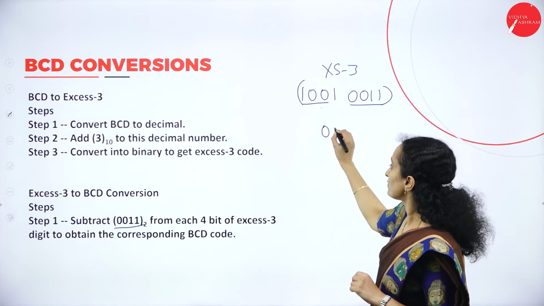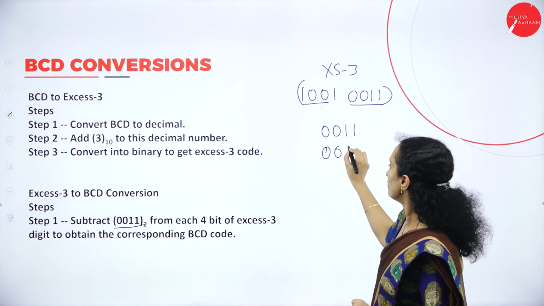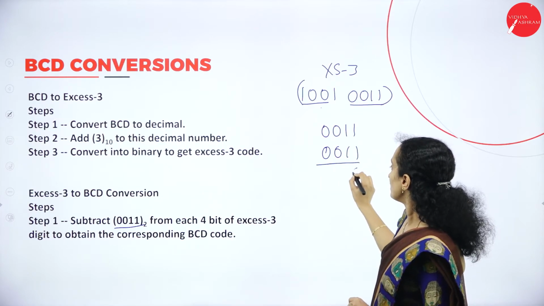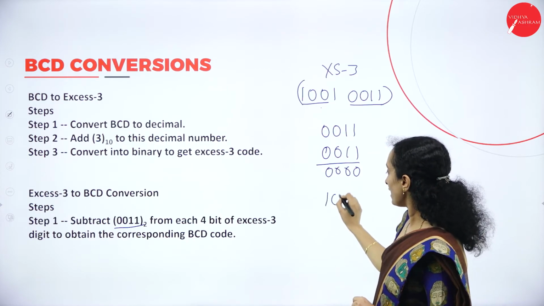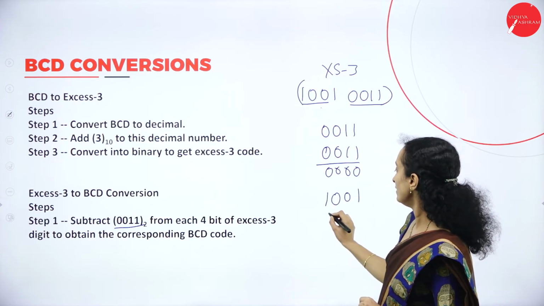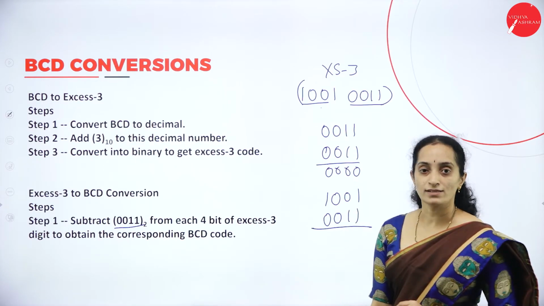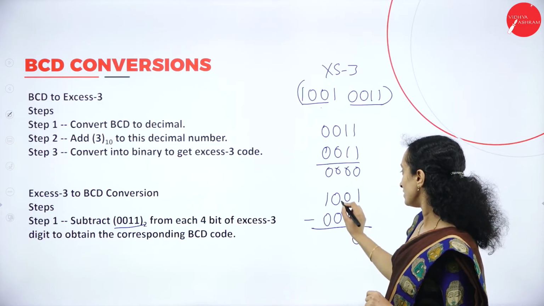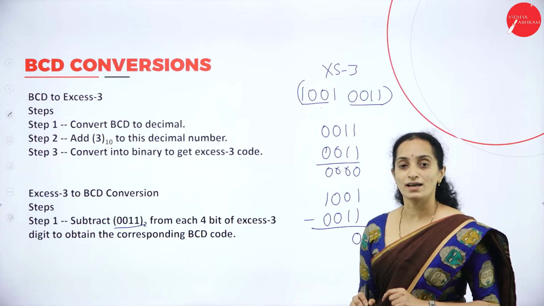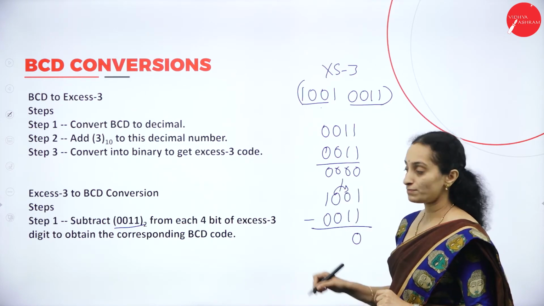Okay, now we have to subtract 0 0 1 1 from 0 0 1 1. Okay, this is all zeros. Now subtract 0 0 1 1 from 1 0 0 1. Subtraction will be 1 minus 1, 0. We have 0 here. What we have to do? Take a borrow 1 from this.